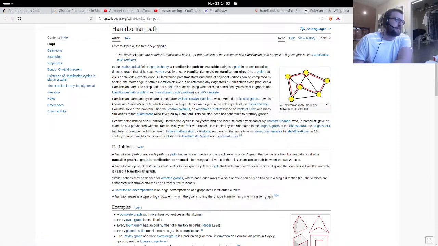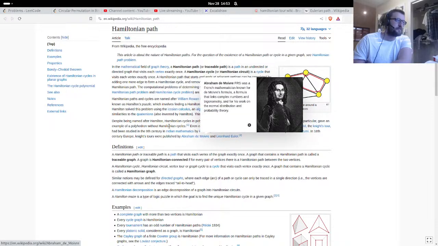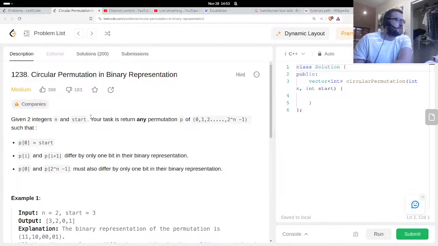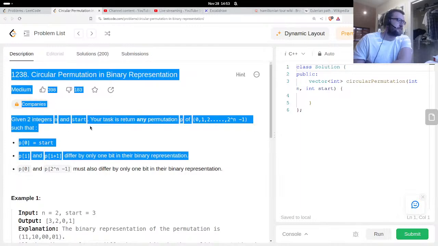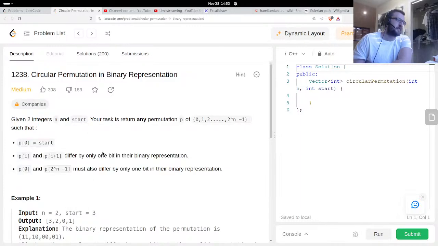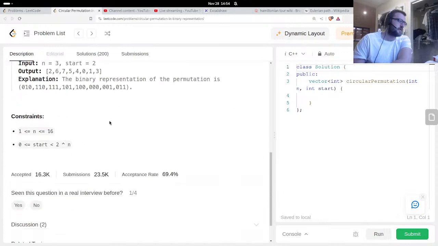However, this particular setup, I think, is not NP. I don't think it's that hard to calculate.